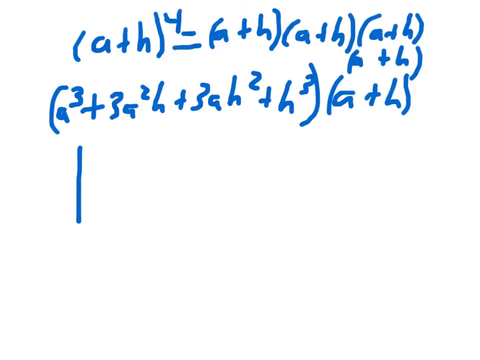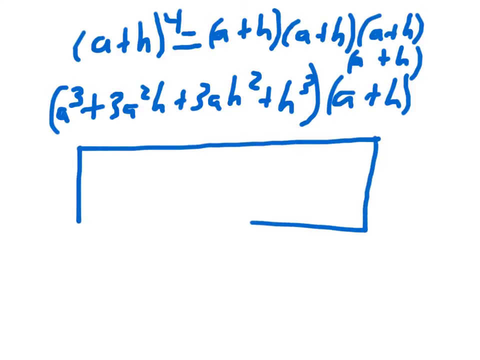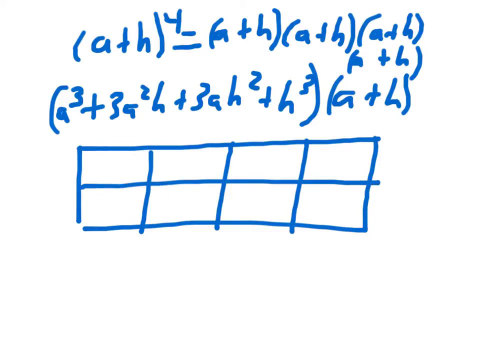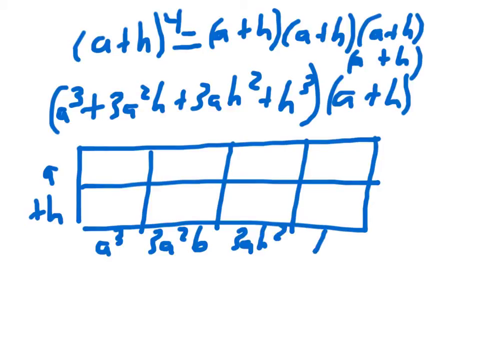So again, a generic rectangle works best here for me, but a little bit more complicated than before. So a + h here, and across the bottom a^3 + 3a^2 h + 3ah^2 + h^3. And again, I fill out all the individual parts.